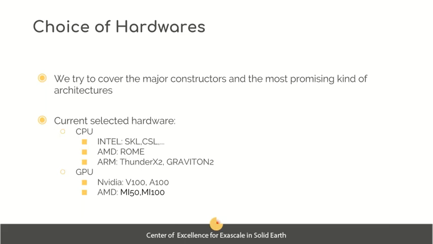From CPU, Intel with Skylake or Cascade Lake processors, to produce results on AMD Rome and also on ARM architecture, with processors such as ThunderX2 or Graviton 2.